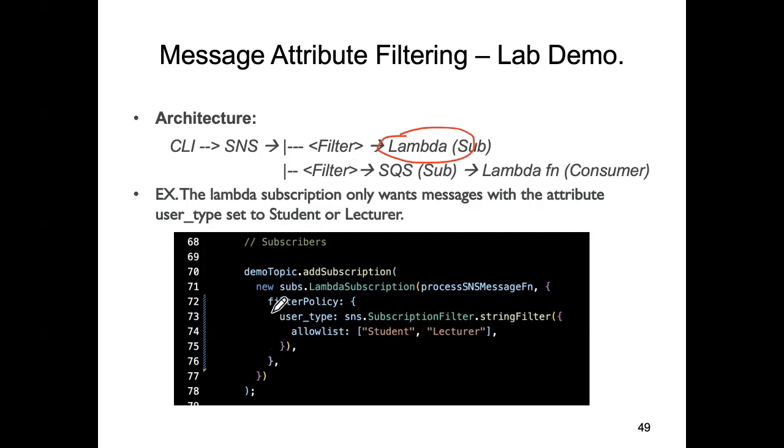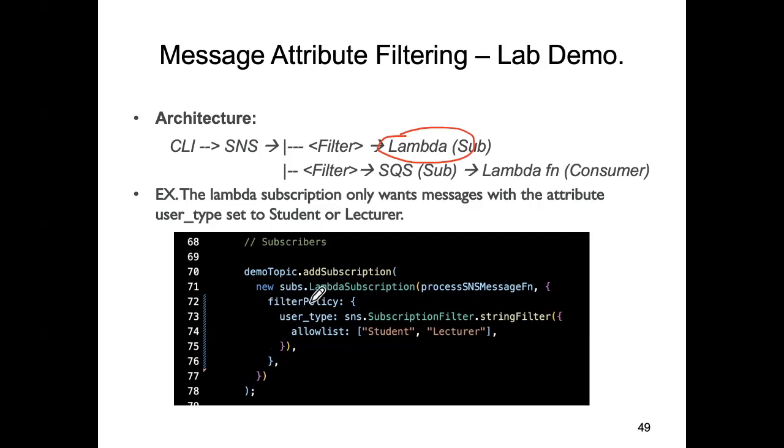Now, I've told you that there are two types of filtering, attribute-based filtering and message body-based filtering. I can tell straight away that this is attribute-based filtering that we're specifying here. Later on, I'll show you how you specify body-based filtering, and when I show you that, you will be able to determine whether one is body-based or attribute-based.